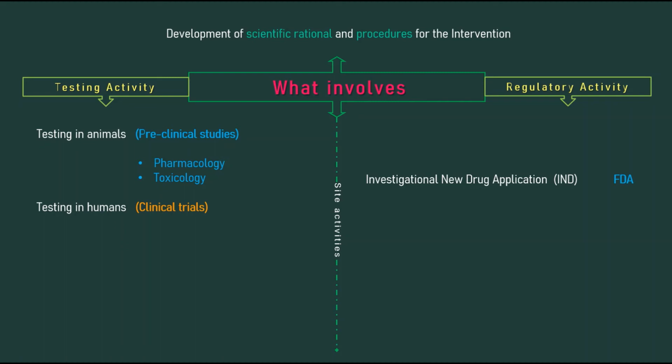From phase 1 to phase 3, the evaluation involves the pharmacological aspects, the pharmacokinetics and pharmacodynamics, and safety of the intervention, as well as the efficacy, and also the dosing parameters and any other indications about the drug candidate are evaluated.